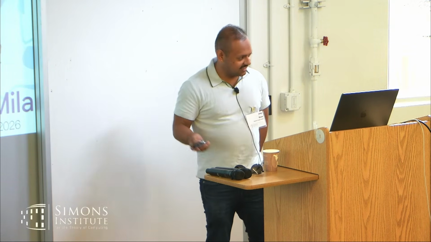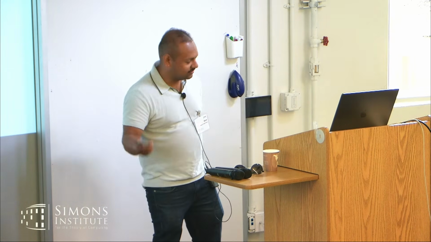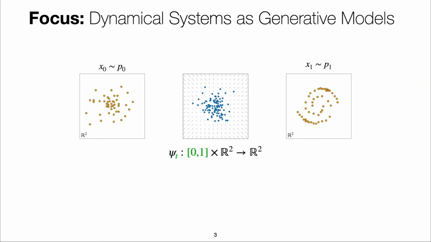So let's go straight in. I want to start off with the same slide that everyone's heard about, what are diffusion models, but hopefully you'll like my animations a bit more. Essentially, we care about dynamical systems. In these dynamical systems you're learning a push-forward map where you have a time-dependent generator.